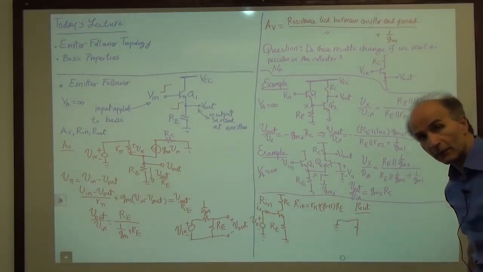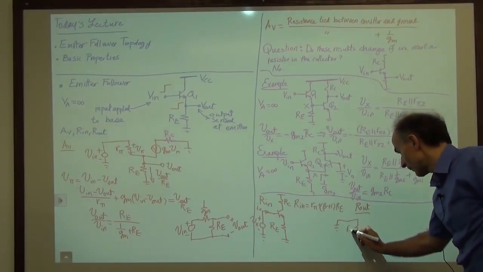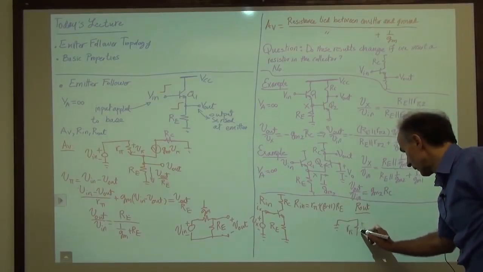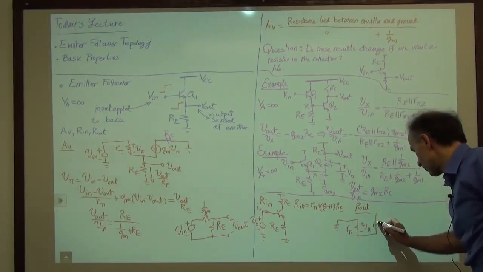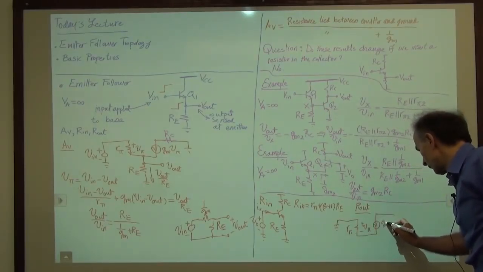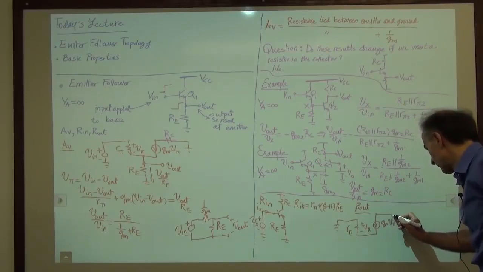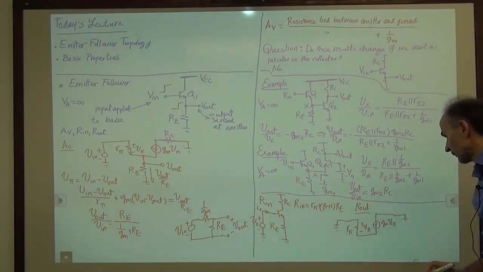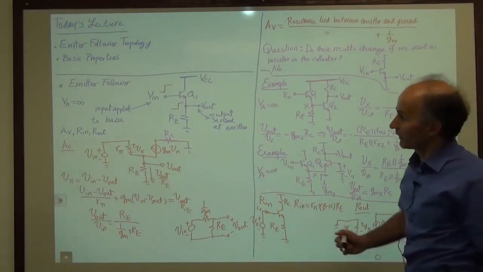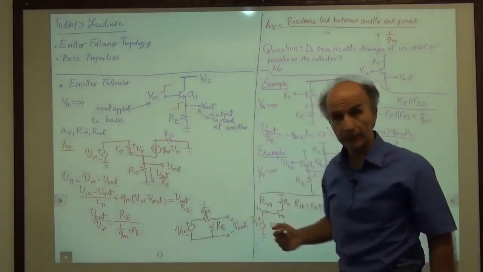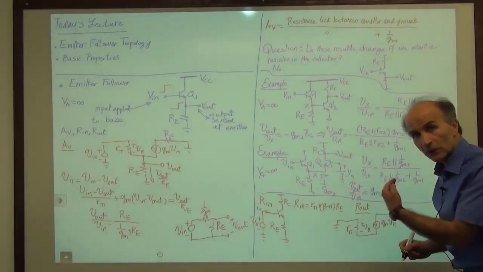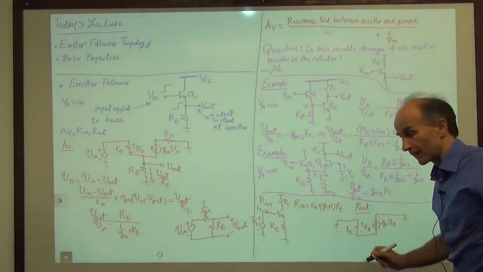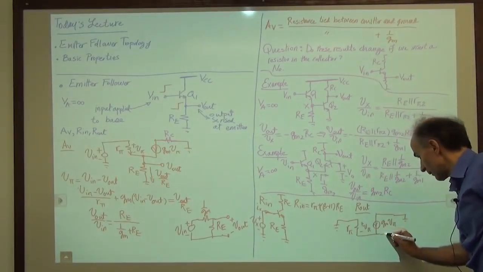All independent sources have to be set to 0. We have R pi here. Then we have V pi. Then we have gm V pi. The collector goes to ground. And now we have a resistor from emitter to ground, right? Okay, I will draw that a little to the right, just for a reason. So I draw it here.